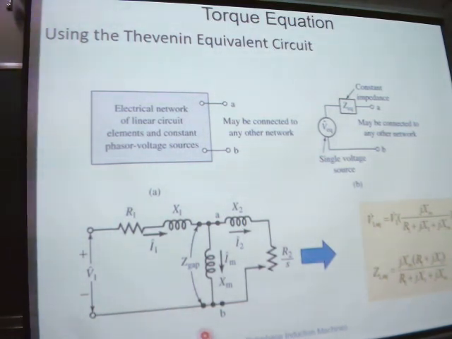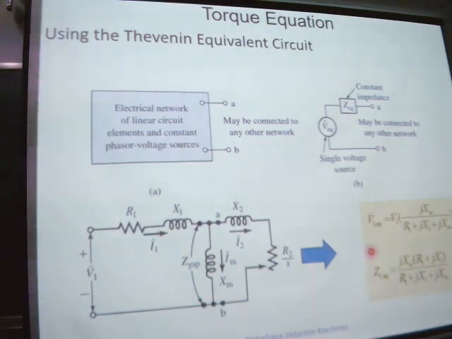It should be noted that if you want to calculate the impedance ZEQ, the voltage source should be shorted, just set equal to 0. Set this point to this point, just see it as a line with resistance 0.